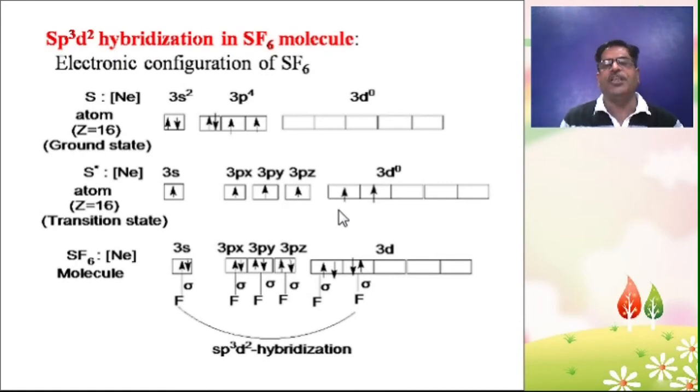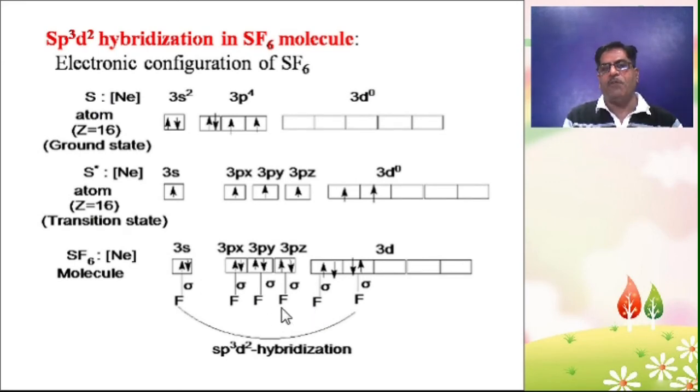Therefore 6 unpaired electrons are now available in the excited state of the sulfur atom. These 6 unpaired electrons each combine with a fluorine atom to form the SF6 molecule. So in SF6 there is 1s, 3p and 2d, and sp3d2 hybridization occurs in the SF6 molecule.